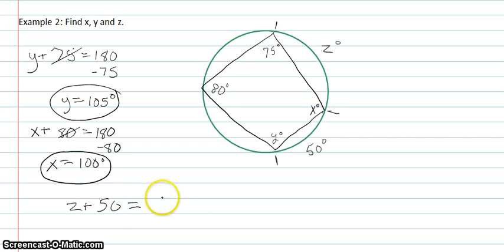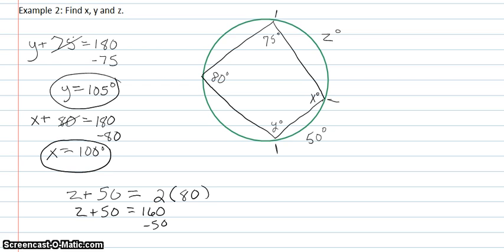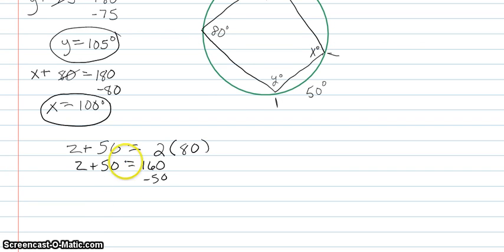But that would equal 2 times 80. So z plus 50 equals 160, and then I'd subtract the 50. So move it to the other side, so z equals 110 degrees. So we have found our x, y, and z.